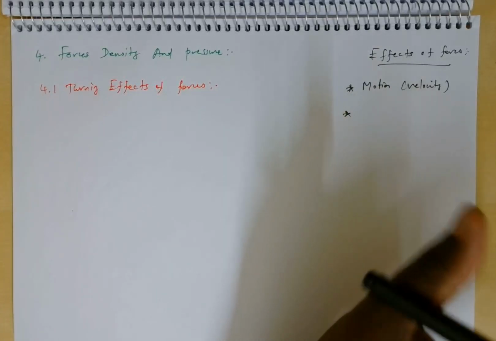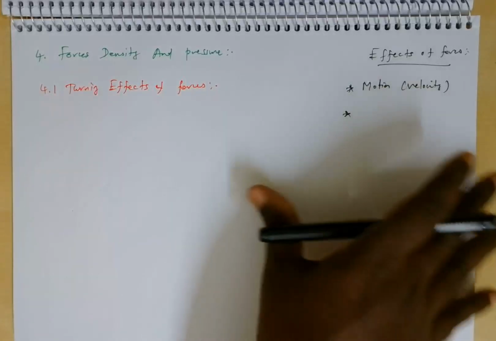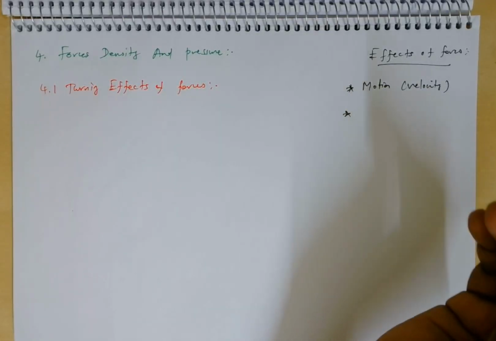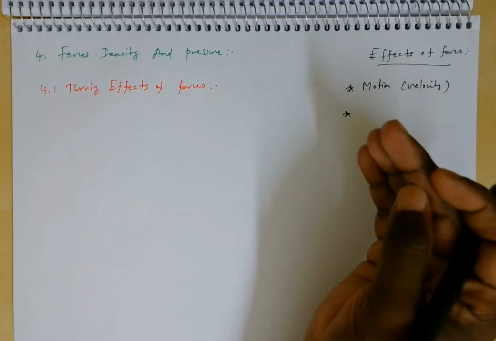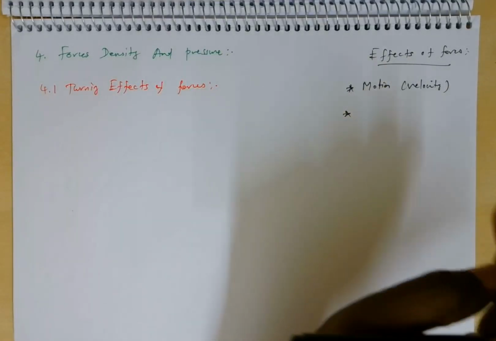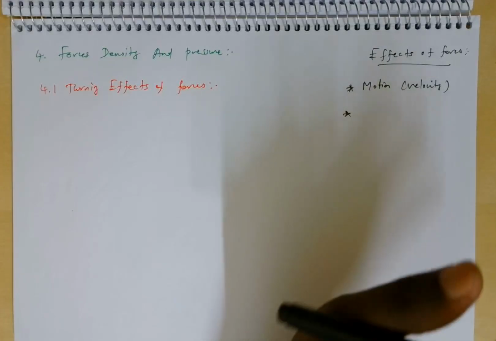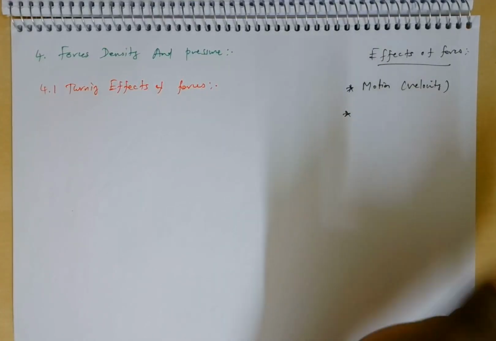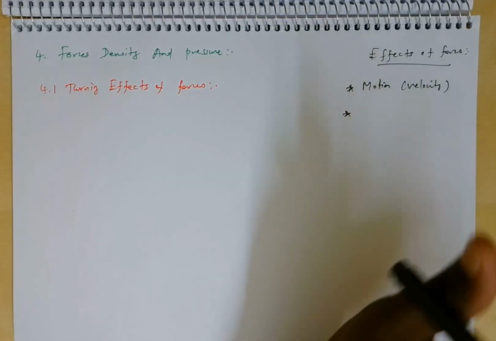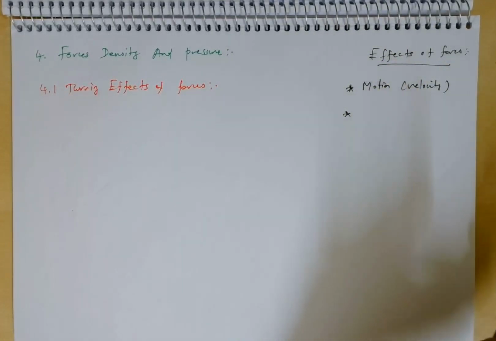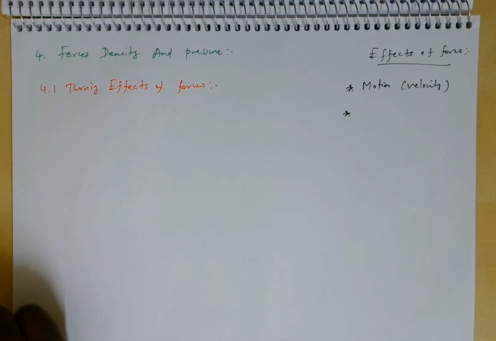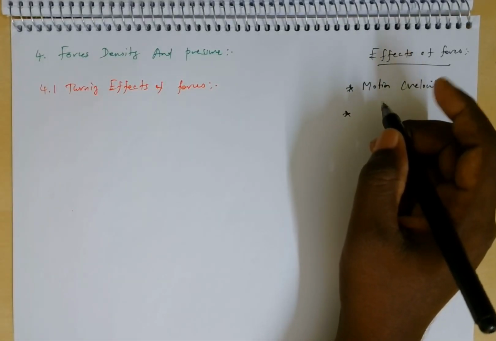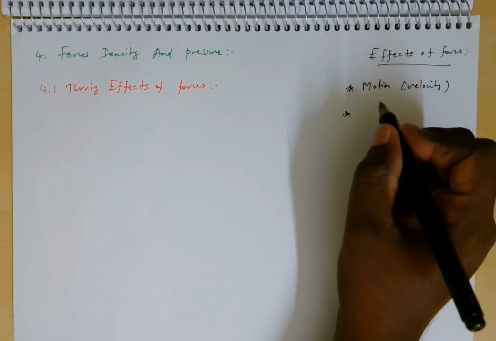For example, let's say there is a box on a free surface, and if I push the box, it will move because compared to the force I am giving, the resistance force is very little, so the object will change its motion or velocity. But if I push against the wall, that is not going to happen. The wall is not going to move. But instead, my palm will compress, or if the wall is so weak, I will punch through the wall. Okay. So it can alter the shape and size. So we call it compress or elongate.